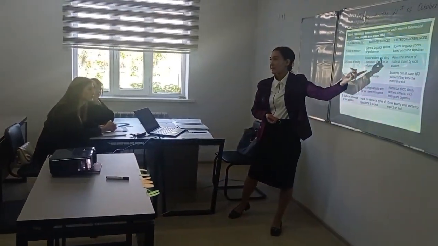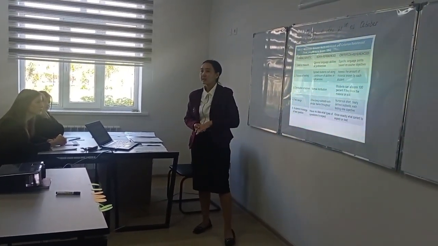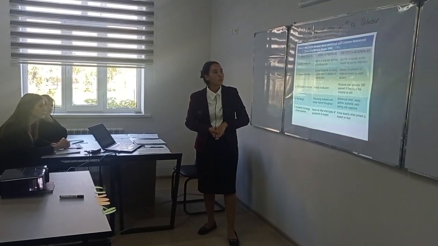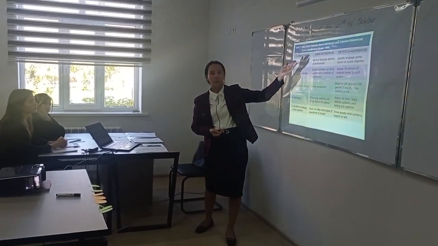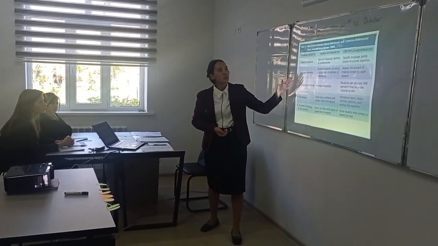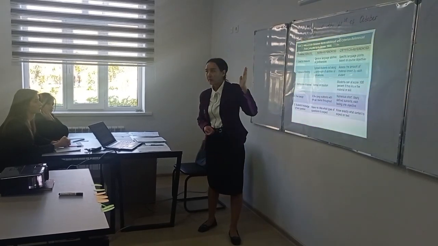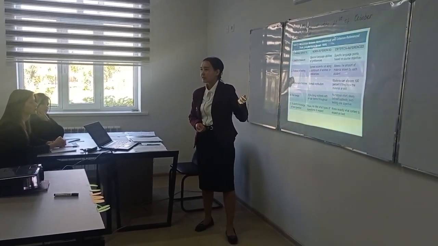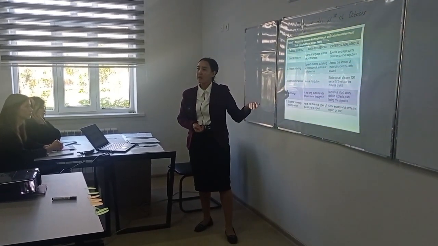Here are also given characteristics of norm-referenced and criterion referenced assessments. Norm-referenced assessment is used to measure general abilities. However, criterion referenced assessment is used to measure specific skills of the learners. The main purpose of norm-referenced assessment is to rank the students' achievements, whether the results are high or low.